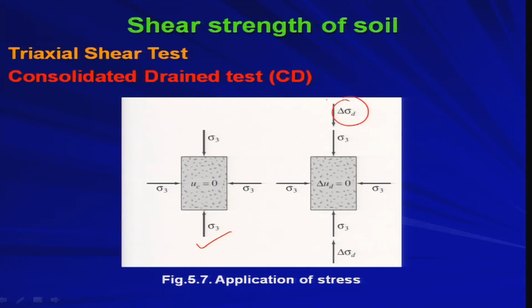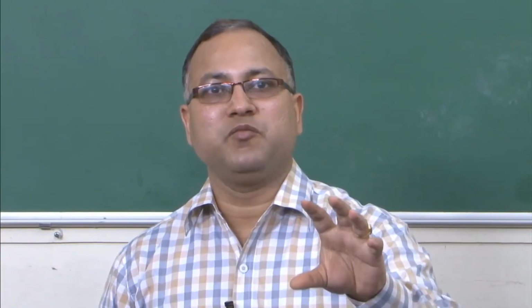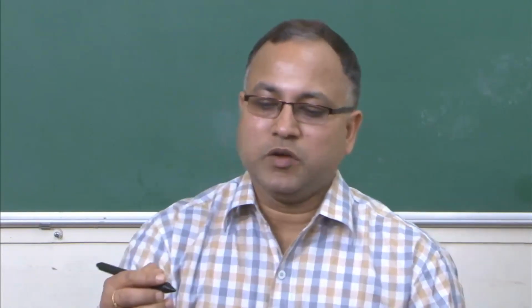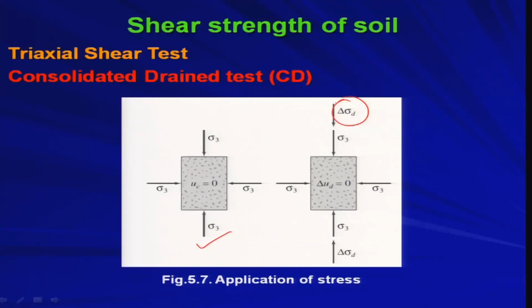So, whatever load you apply, it is immediately taken by the soil specimen. If you open the valve, then whatever excess pore water pressure builds up due to delta sigma d will drain out. So, due to the application of delta sigma d, you get the excess pore water pressure delta u d, which becomes 0 in the final state when consolidation happens, because water drains out.